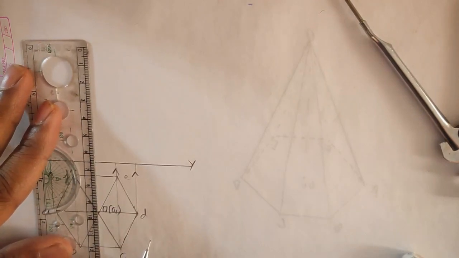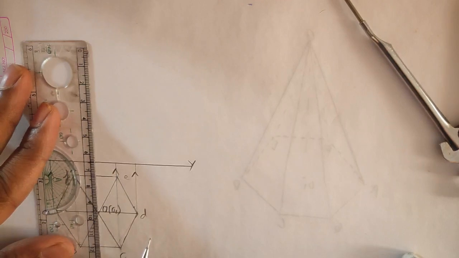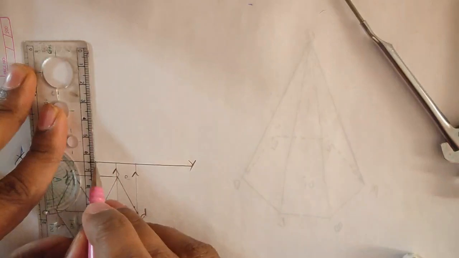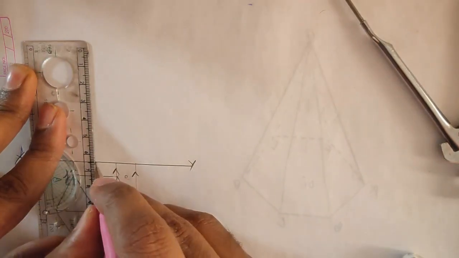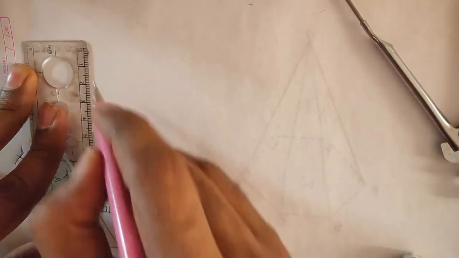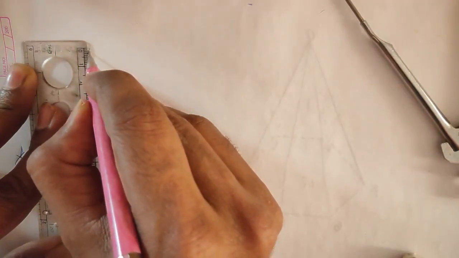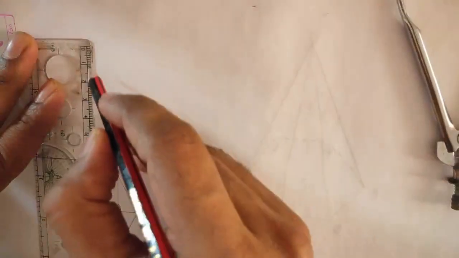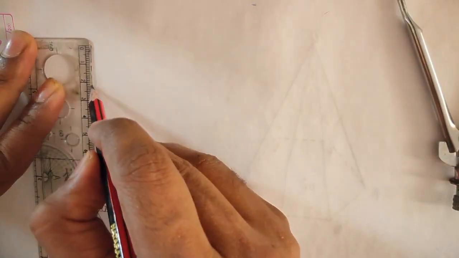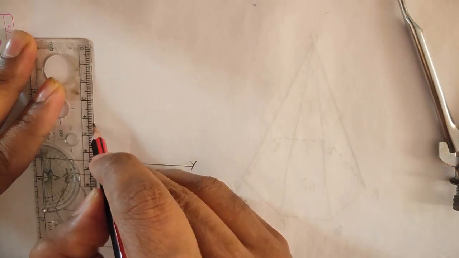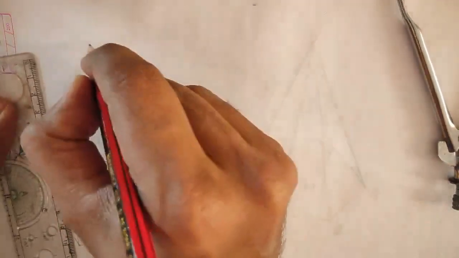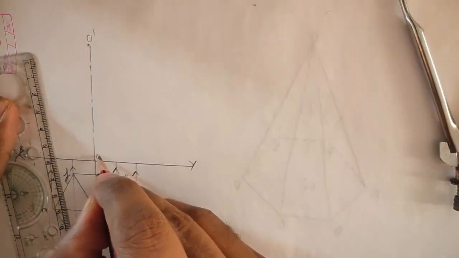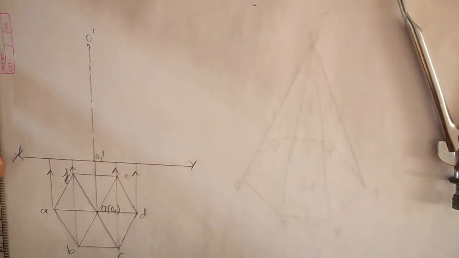This I am going to extend above XY line by a height equal to 65 mm. As you can see here, this is the projection line for the axis, and I am going to extend this above XY line by a height, so this is the axis line. The top is O dash, bottom is O1 dash, center of the base.